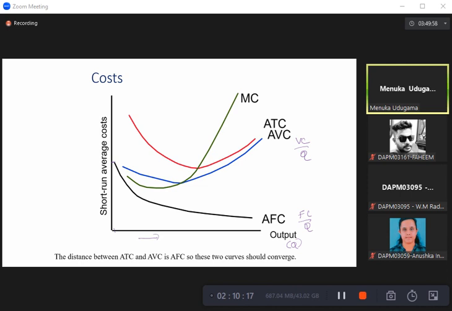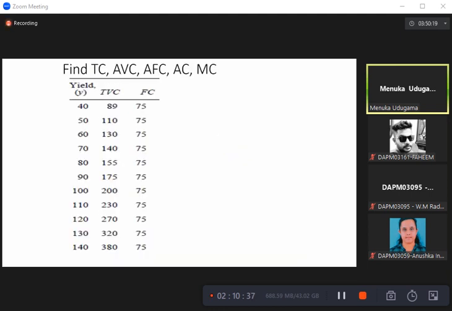Marginal costing. That too reduces gradually and comes to a minimum, and then it increases. Right? Now, another interesting thing is actually, so let's come back to this graph in a minute. Let's try to calculate the total cost, these costs.